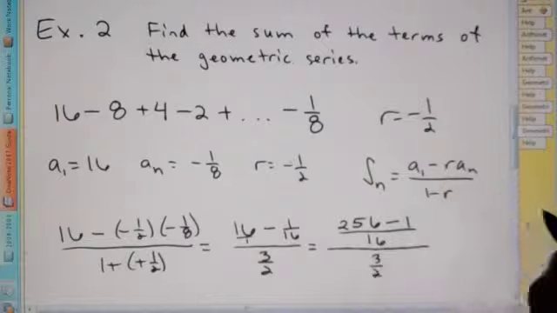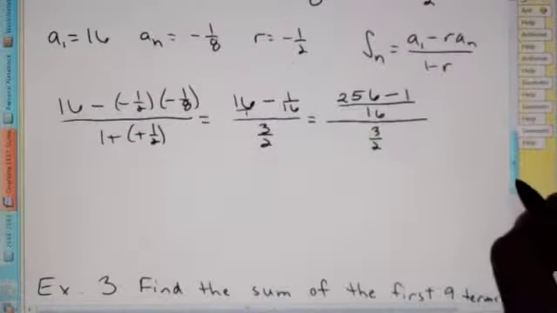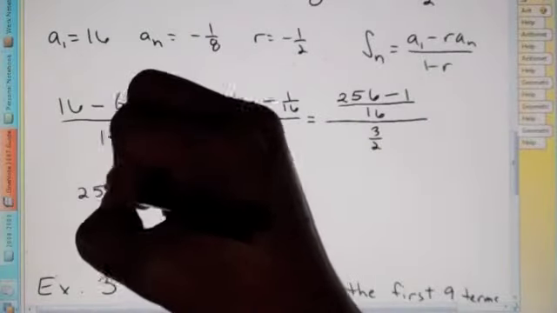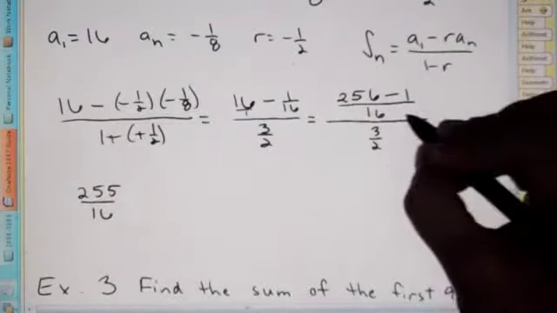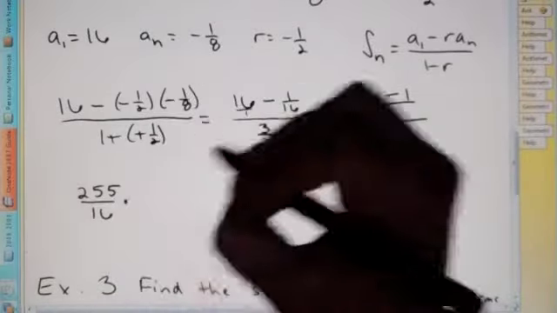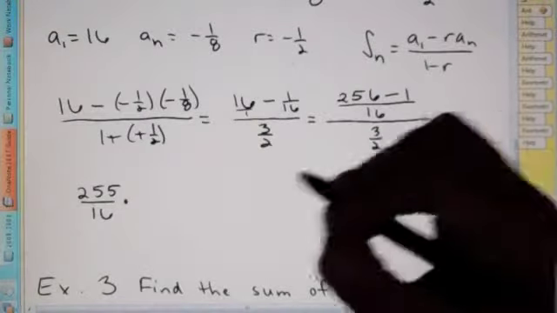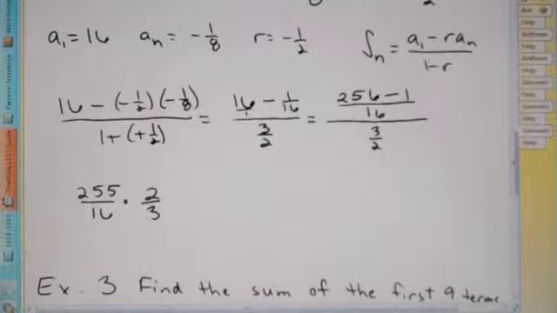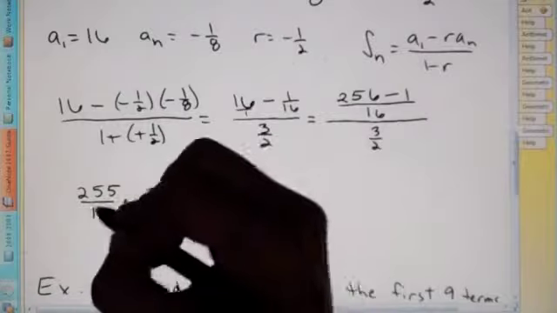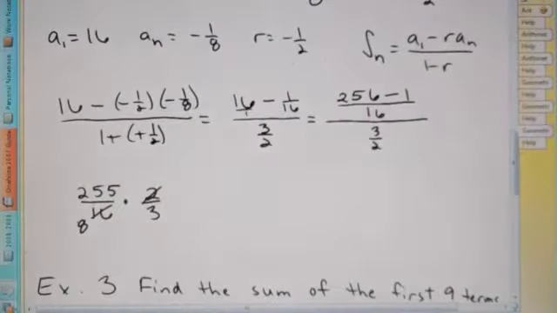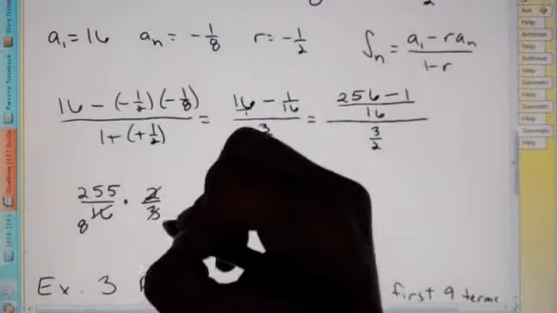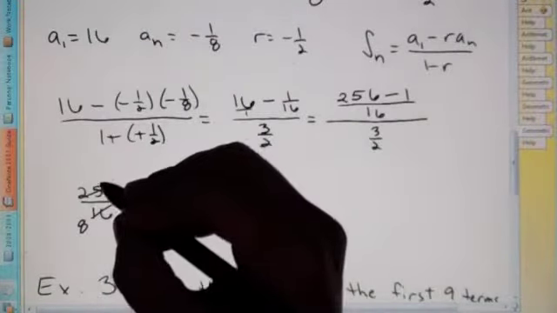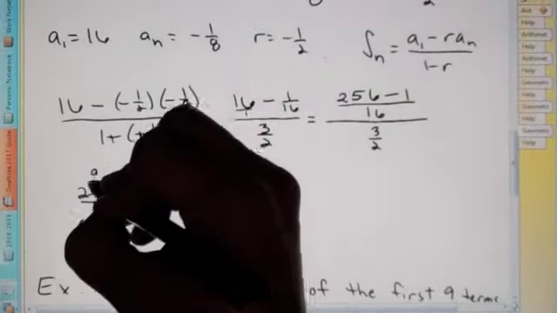over 3/2. And remember, you can change any division problem into multiplication. So here we have 255 over 16. Instead of saying divided by, we could say times, and we could change it by flipping that bottom fraction. So times 2/3. Okay, so now the 2 and the 16 reduce. 255 divided by 3, that's going to give us 85.